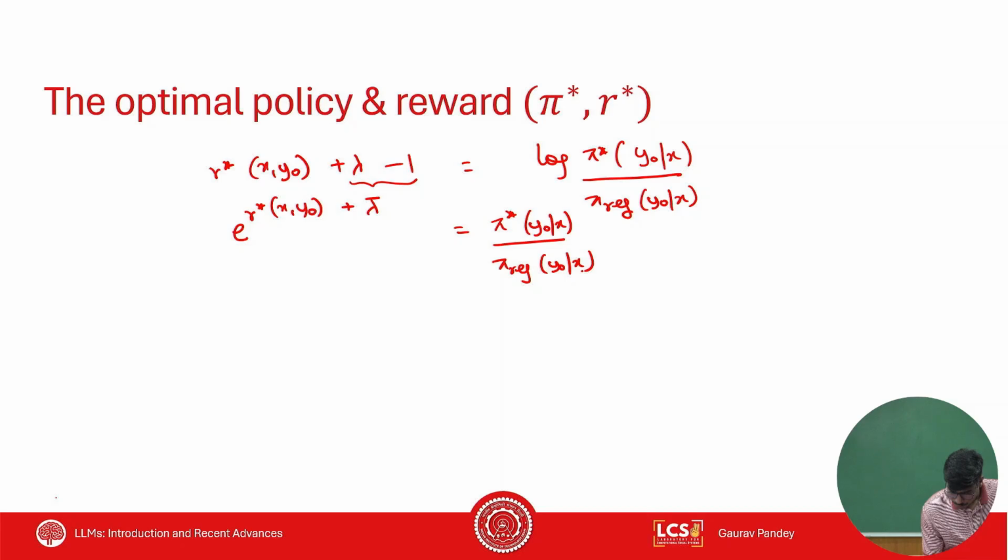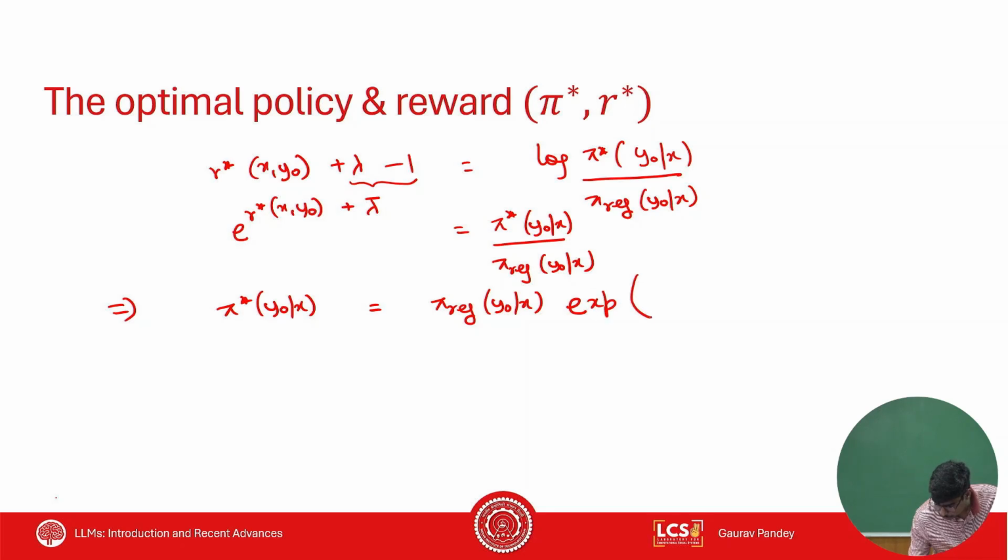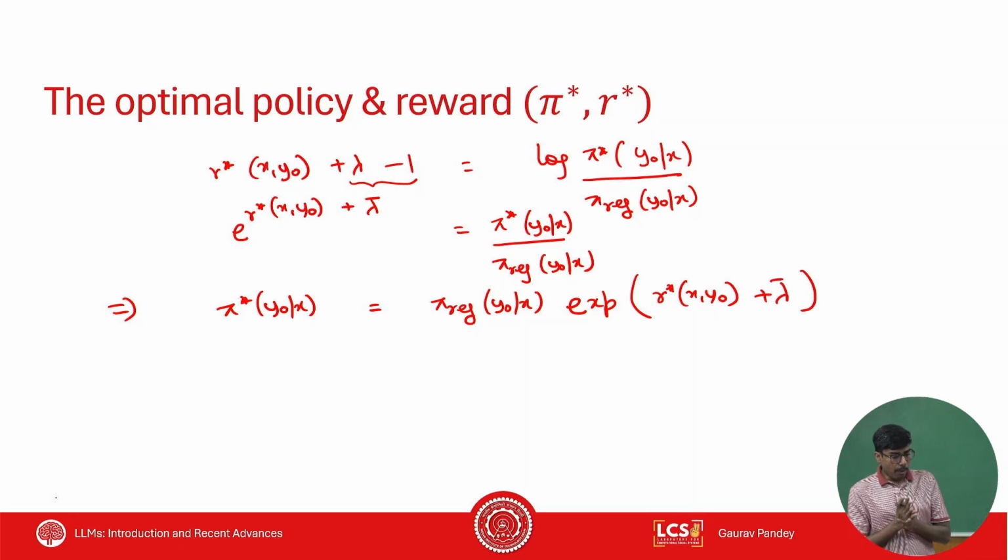And this gives you pi star(y naught given x) equal to pi ref(y naught given x) times the exponentiated reward function r star of y naught. So I've expressed my optimal policy in terms of the optimal reward function.